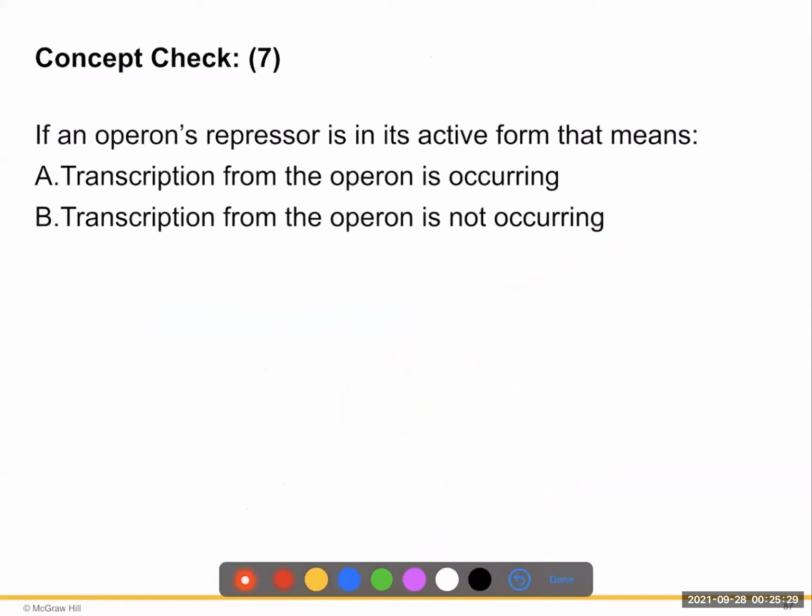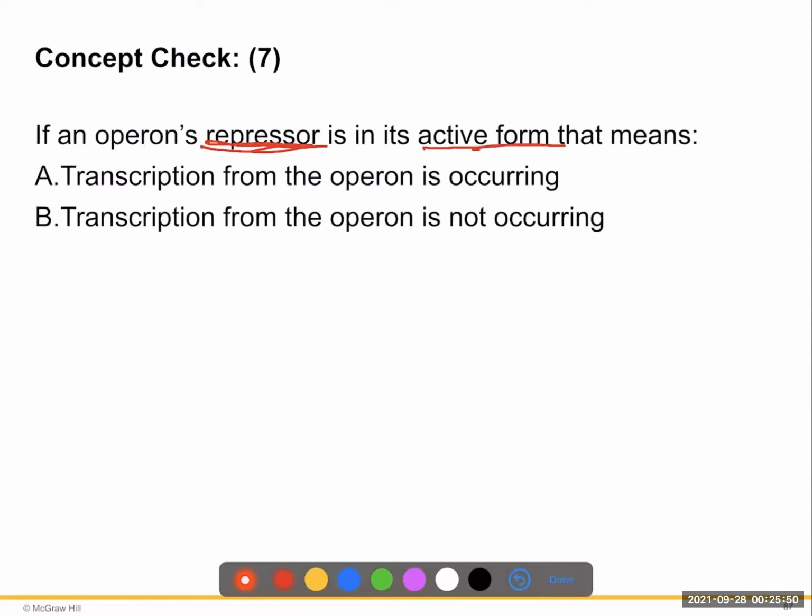Okay. So if an operon's repressor is in its active form, that means what? Transcription for the operon is occurring, or transcription for the operon is not occurring. The active form of the repressor means it stops it. Sorry.